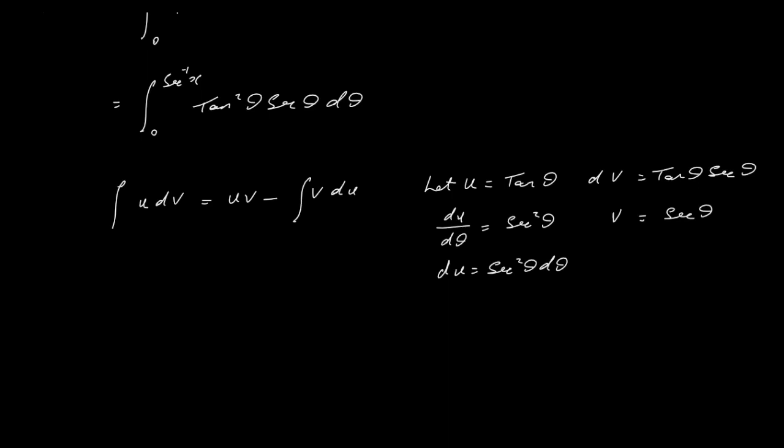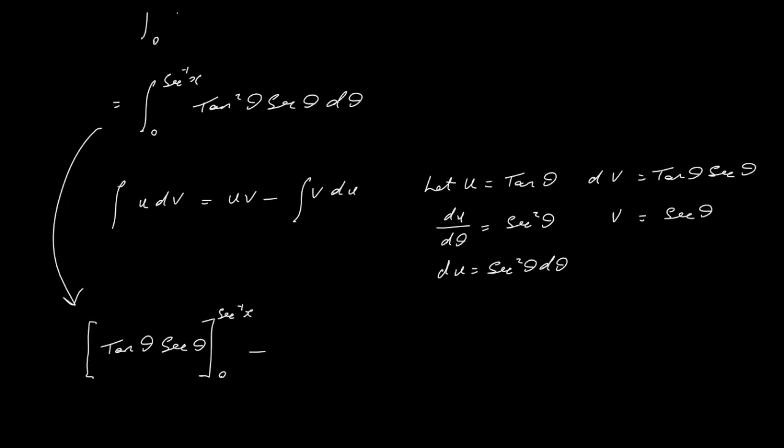Now let's substitute all of that back into our integral here. So we have u times v. Well, u is tan theta, v is sec theta, and our limits are 0 to sec inverse x.